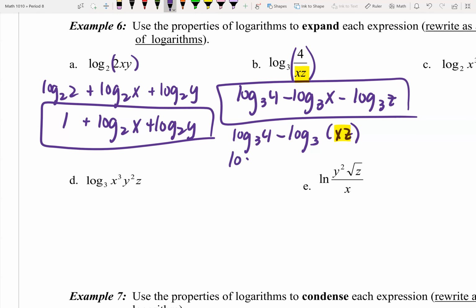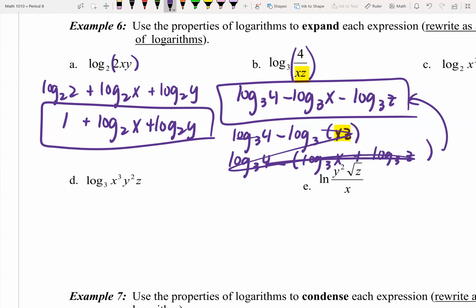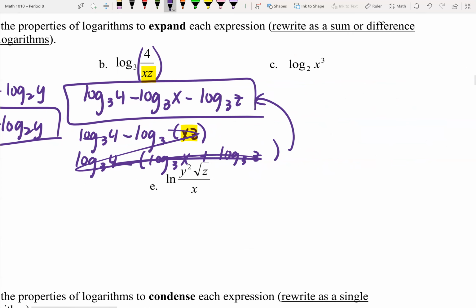So everybody write log base 3 of 4 minus all of it, which is log base 3 of x plus log base 3 of z. What would I then do, everybody? Distribute the negative, which changes both the signs and puts us back up to where we were before. Top, positive, bottom, negative, done. You don't have to do all that business. Just remember.